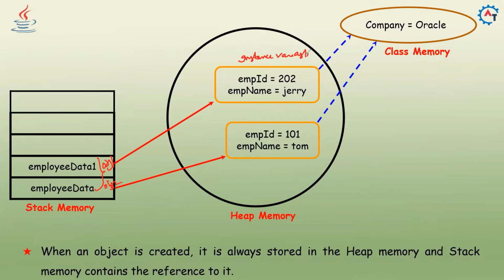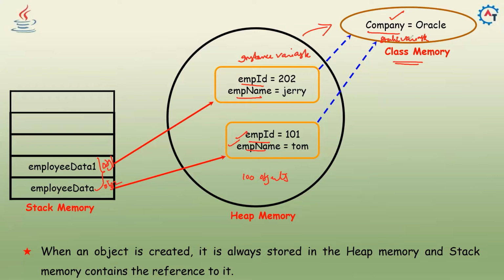For each object, it will create empID and empName, empID and empName. If you create 100 objects, then 100 times this empID and empName will get created. But if it is static, it will create only one copy, that is company. This company is a static variable. It will be created in the class memory only once, and each and every object will have access to this.